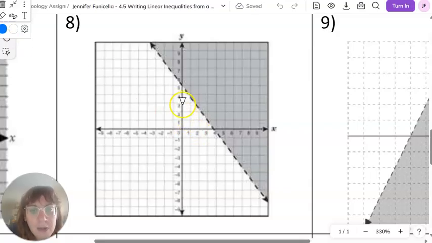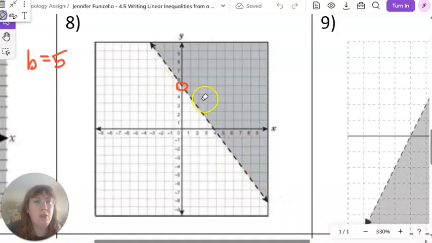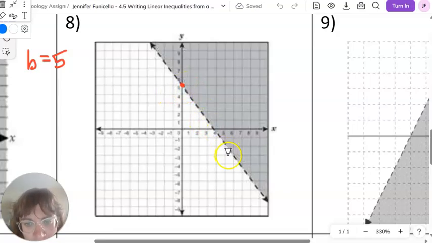Our y-intercept is right here at this very blurry value of 5. And our slope, looking for another point that we can use. So I'm going to use the y-intercept, definitely. And then let me see. This is not a great graph.